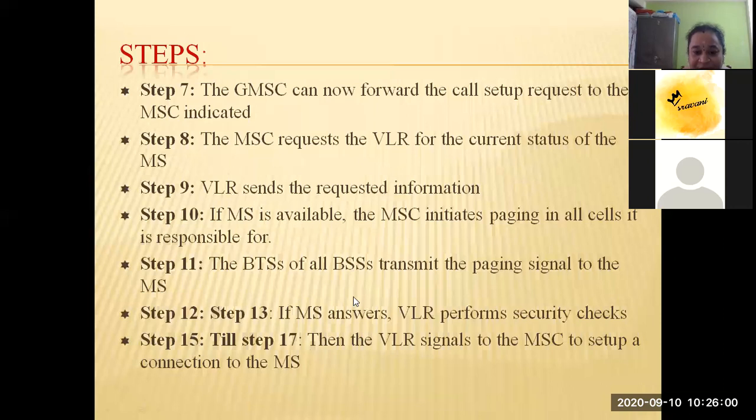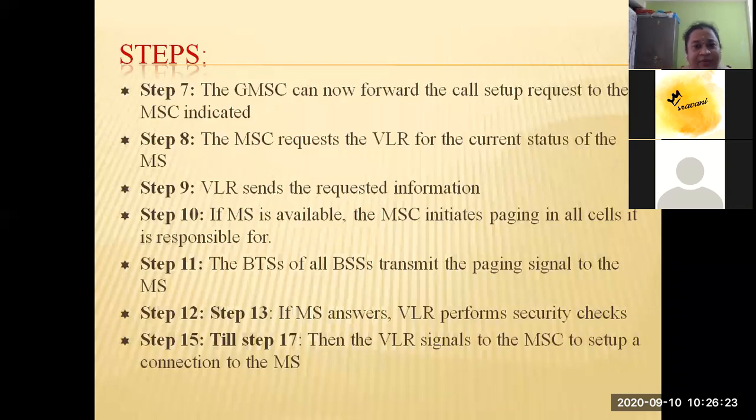If the corresponding mobile station answers, the VLR performs security checks, then the VLR signals to the MSC to set up the connection. So the VLRs check each other's security of the mobile stations, that is, the sender and the receiver, the visitor location registers identify their security among themselves.